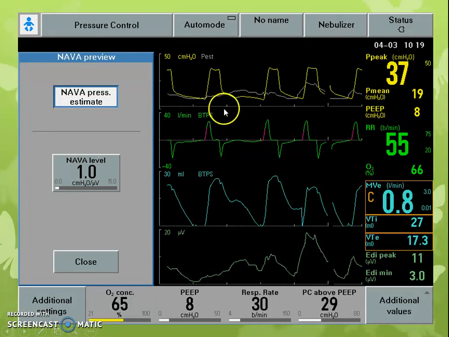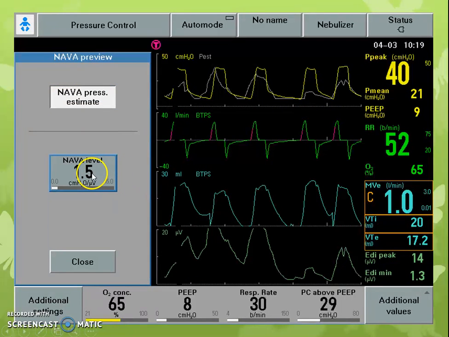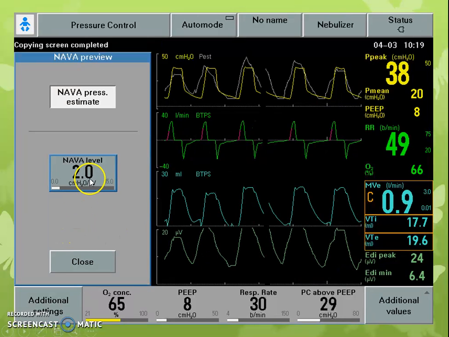Right now we pick 1, and your waveform is too little. So we increase the NAVA level to 1.5, and you can see the waveform captured, but this is still not captured where we want to be. So we increase it to 2, and you can see the waveform better. So we decide to give this patient a NAVA of 2.